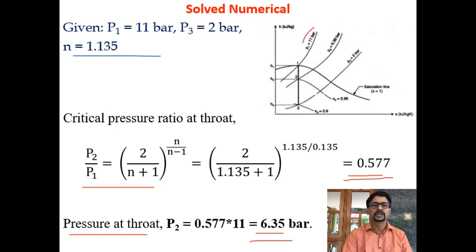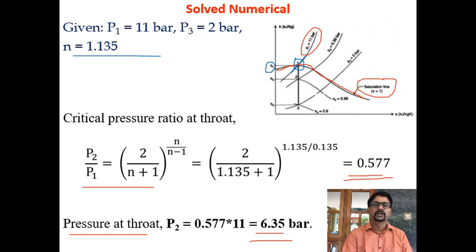Initial pressure is 11 bar and dry saturated steam. You can see here this is the dry saturated steam line, the saturation line, where dryness fraction is 1 or x is equal to 1. The intersection of 11 bar and dry saturation is point 1, and the corresponding value is h1.